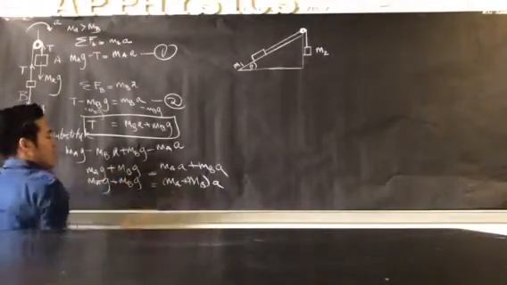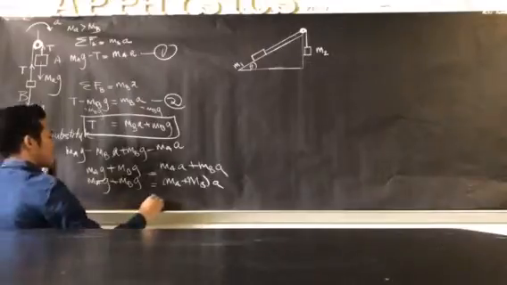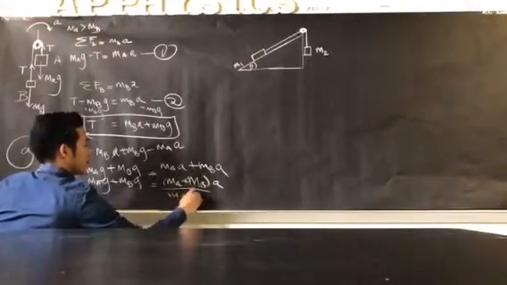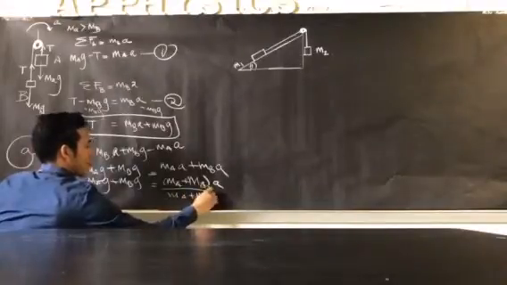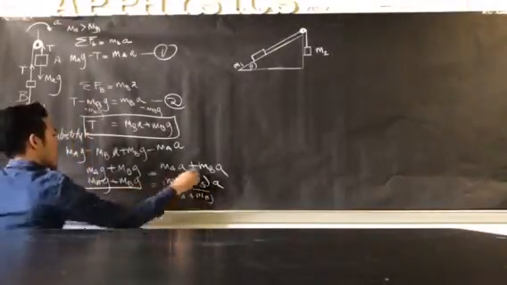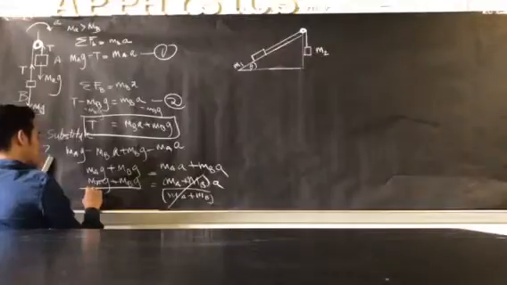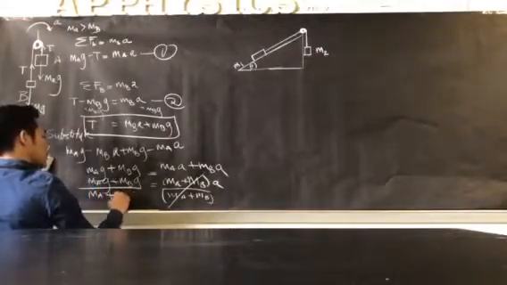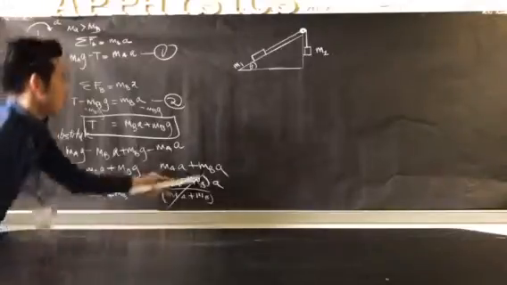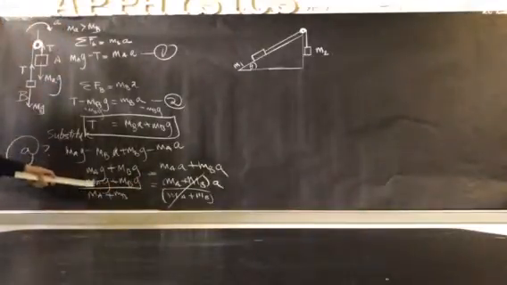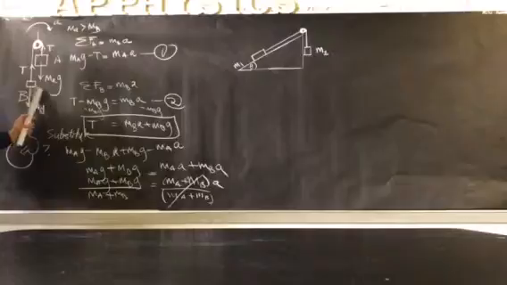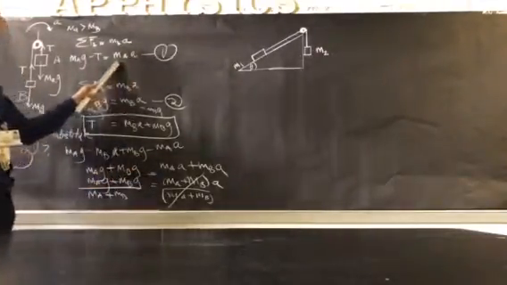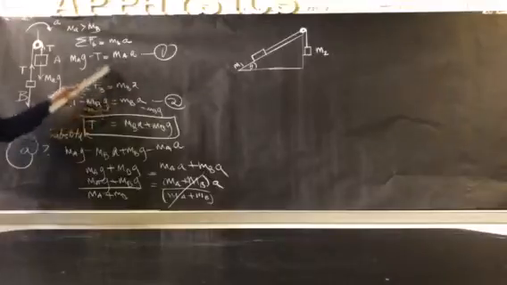Since I'm looking for acceleration, I'm just isolating that, so basically I divide both sides of the equation by m_A plus m_B. That would be the equation for you to solve for the acceleration of the two boxes. Once you get the acceleration, you plug it into this equation, either of these equations, to find the tension.